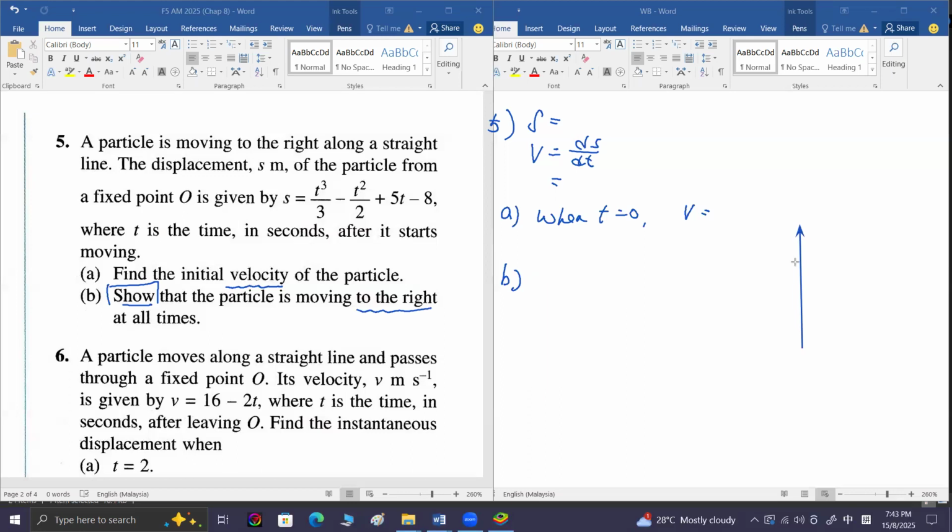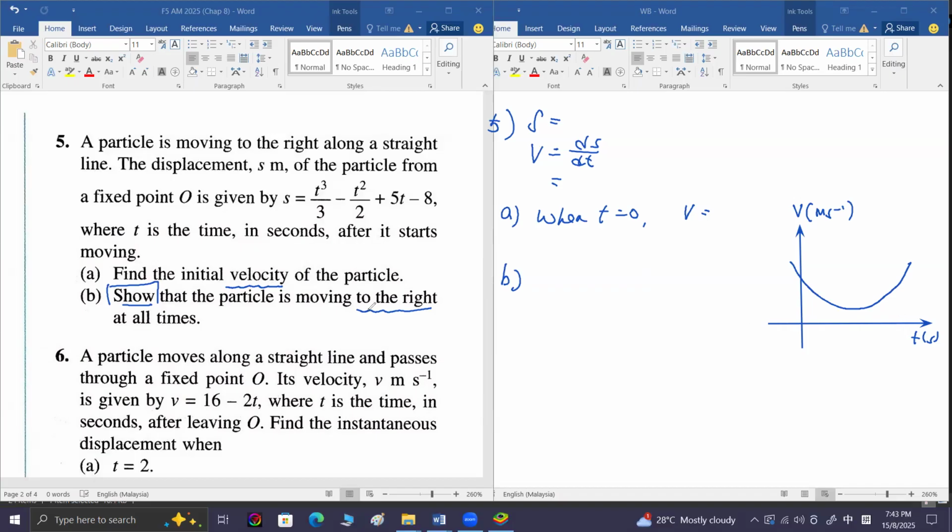If the velocity is always positive, the graph of velocity against time will always be positive and cannot cut the x-axis. No zero, no negative, because zero is not positive.